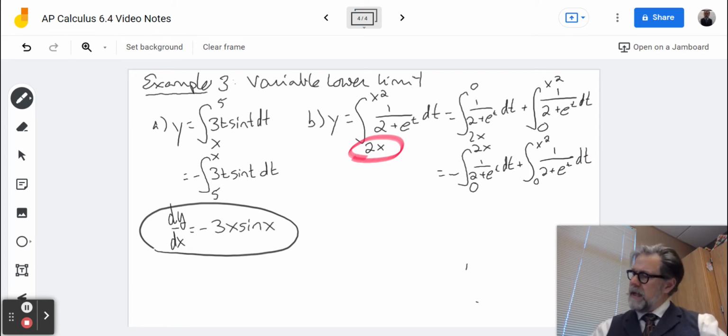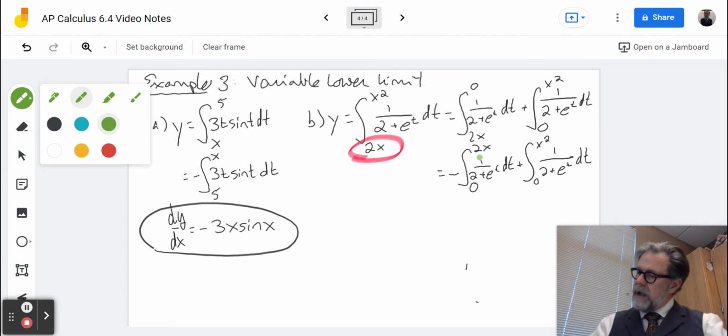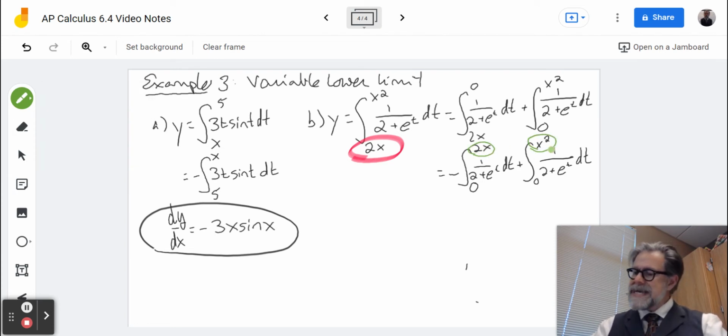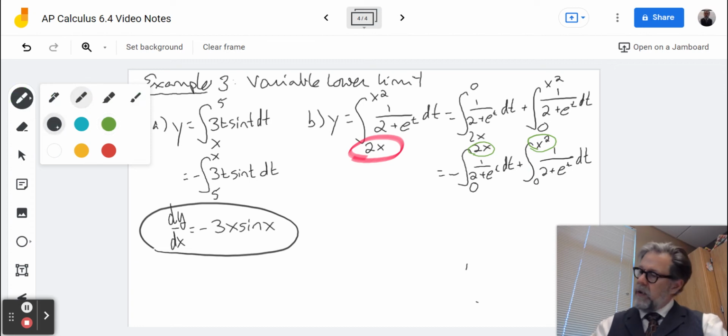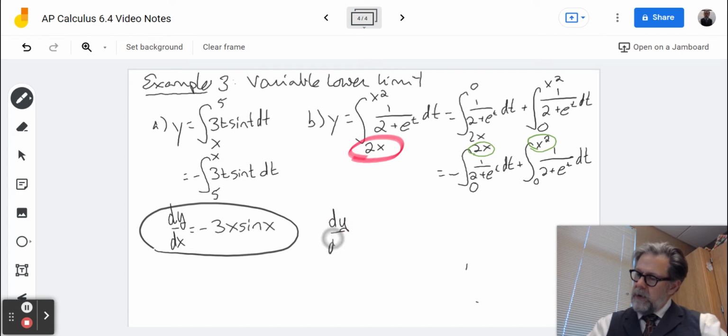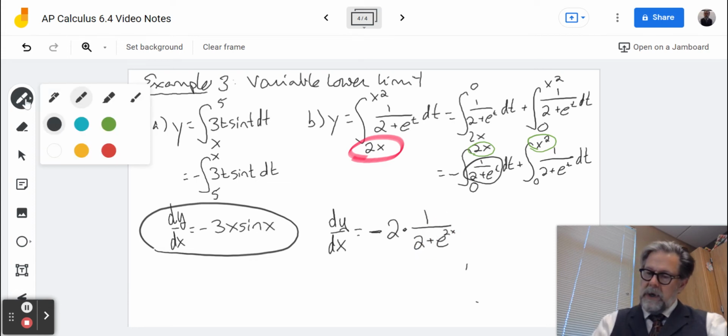And now we've got to do a little bit of chain rule substitution. Without going through all the steps, the first half will be equal to the negative of the derivative of 2x times this right here, remembering that we need to put in the 2x.